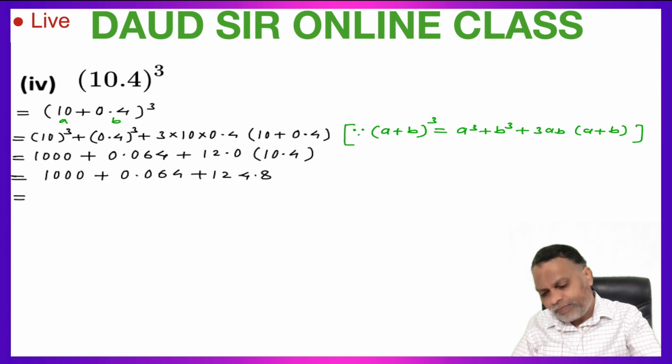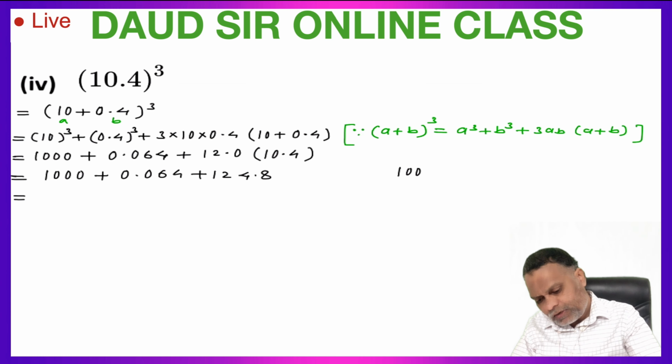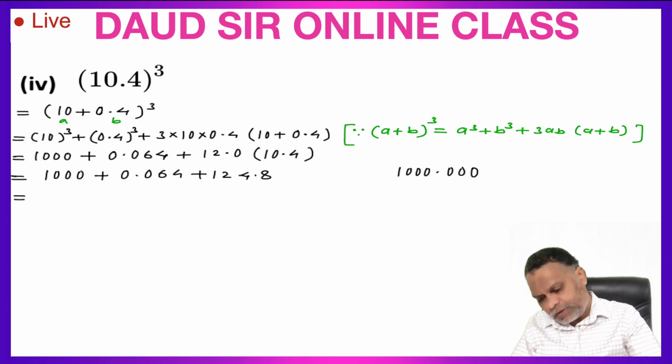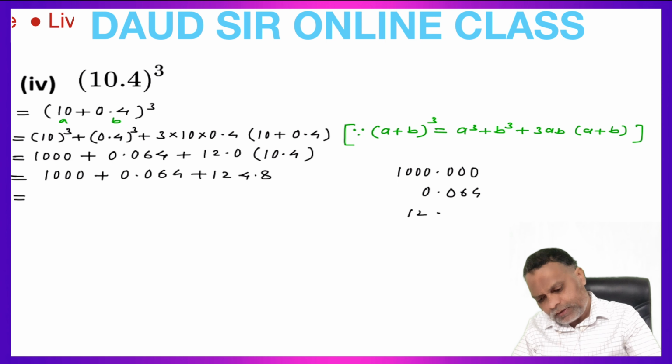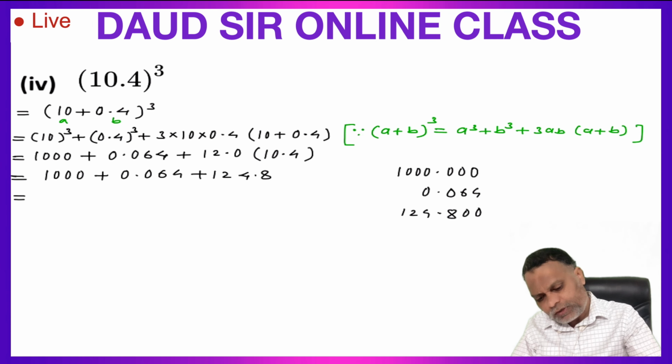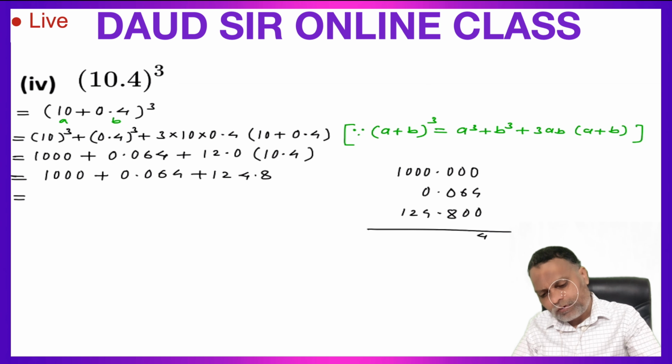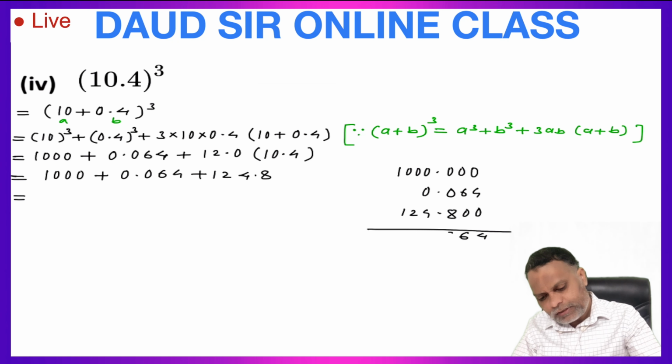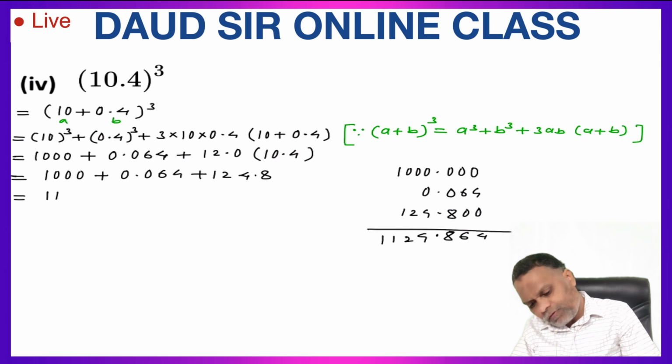Now we have to add all three. So 1000, put zeros here, and this is 0.064 and 12.124.8, put zeros, add them, 0 plus 4 plus 0, 4, 6, 8, put decimal, 1124.864.